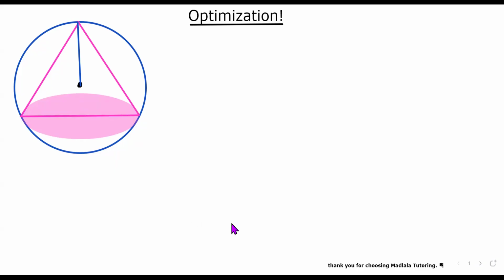Here we'll have OB, which is just a nice length there. And then they say this one is the radius of the sphere as well, so it will be equal to that.